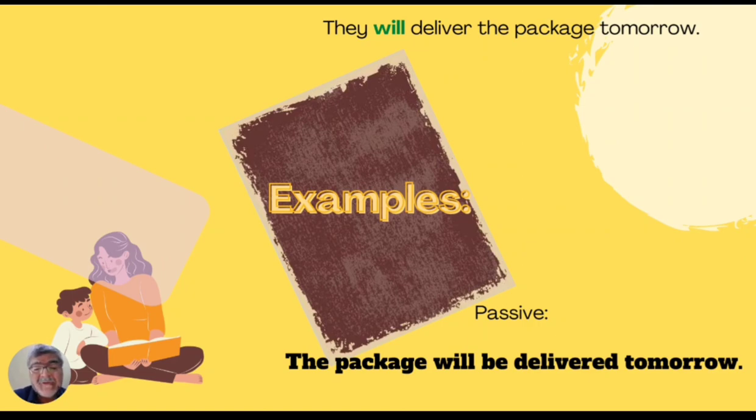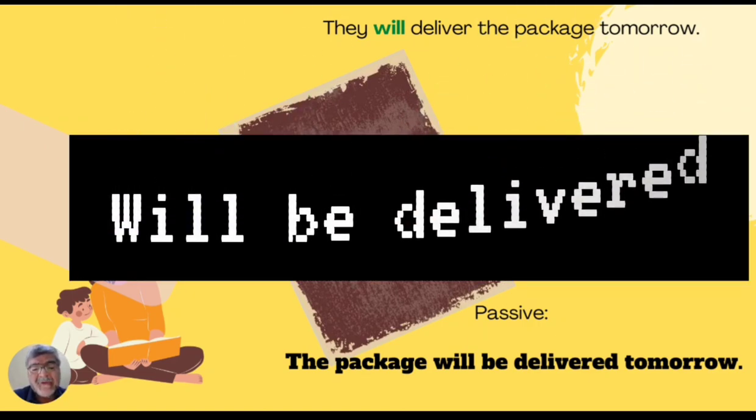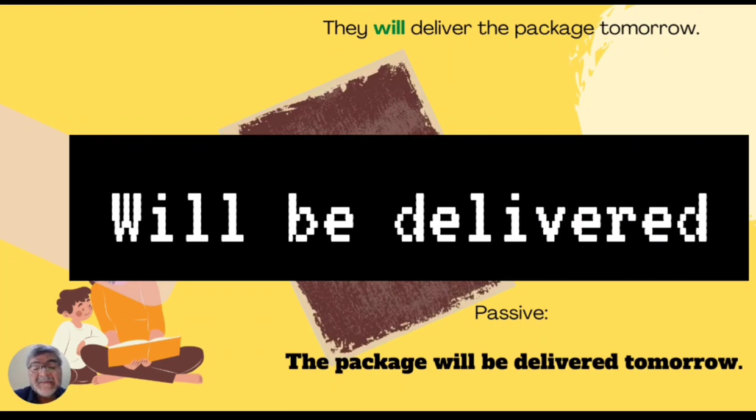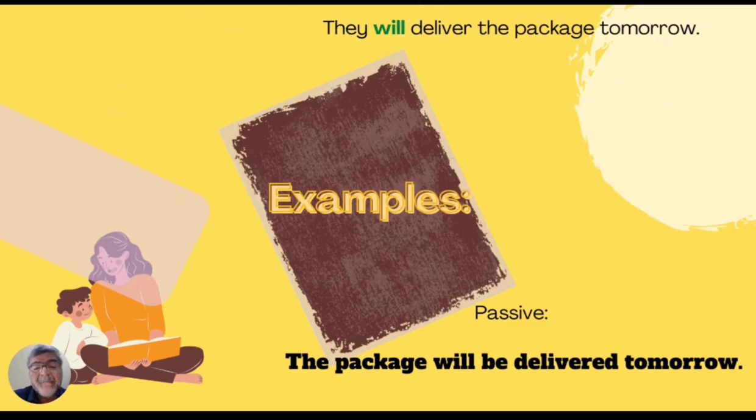The package will be delivered tomorrow. The form is will be delivered. Again, in the future, we've got a form of be in the sentence. So you will see that will be delivered. Another example is, she will write the report next week. The passive form is, the report will be written next week.